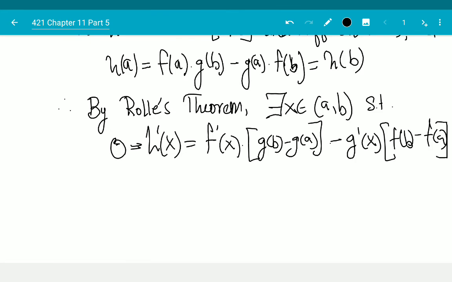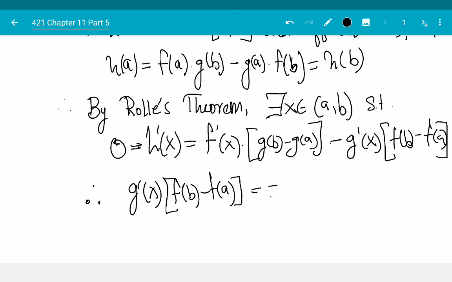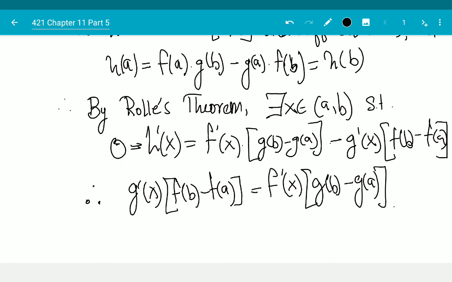And therefore I can write g prime of x times (f(b) minus f(a)) is equal to f prime of x times (g(b) minus g(a)) for this very special value x.